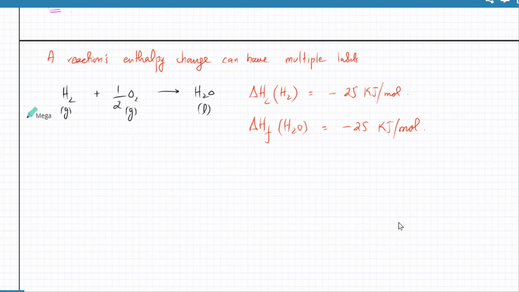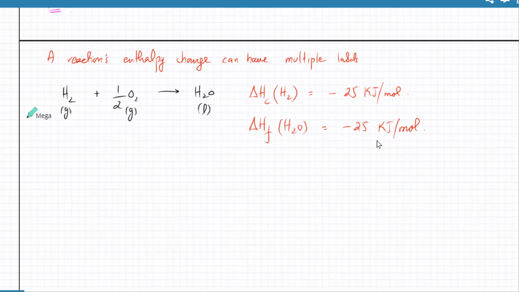Remember, they're going to play tricks with you. Sometimes you're trying to solve a numerical and find the enthalpy change of combustion of hydrogen, and they didn't give you that. Instead, somewhere in the question, the enthalpy of formation of water is quoted as minus 25.